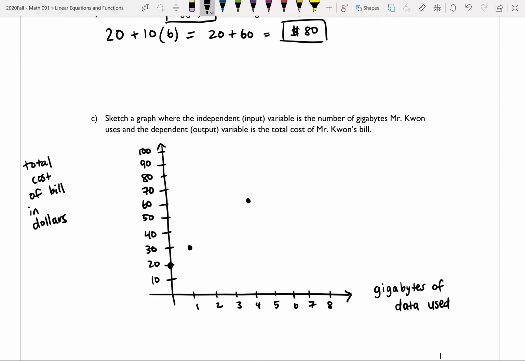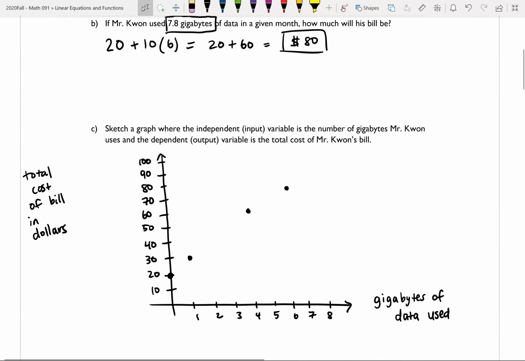So that's about there. Now, we know when we use 6 gigabytes, we calculated that would be $80. However, if we used 7.8 gigabytes, which is about here, that was also $80. So what ends up happening is this function is actually kind of two different functions put together.